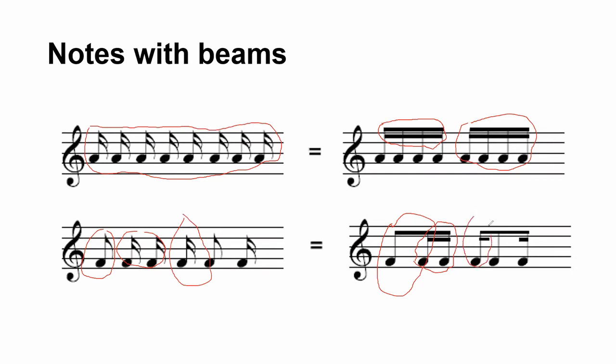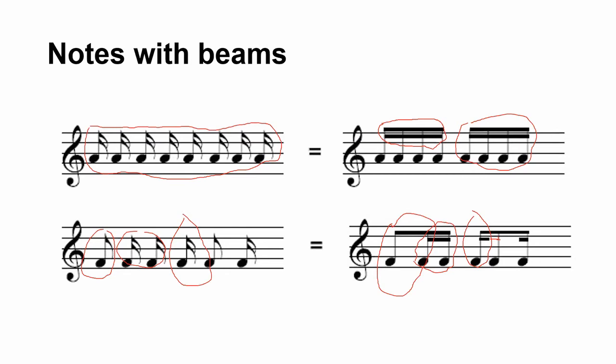You could see it's got the main beam followed by the second beam, which is shorter because it doesn't join to the next one, because the next one is supposed to be just a quaver and not a semiquaver. So the quaver has only one beam. If you joined the second beam to this one, then this note would become a semiquaver. But in the original music, it's just a quaver.